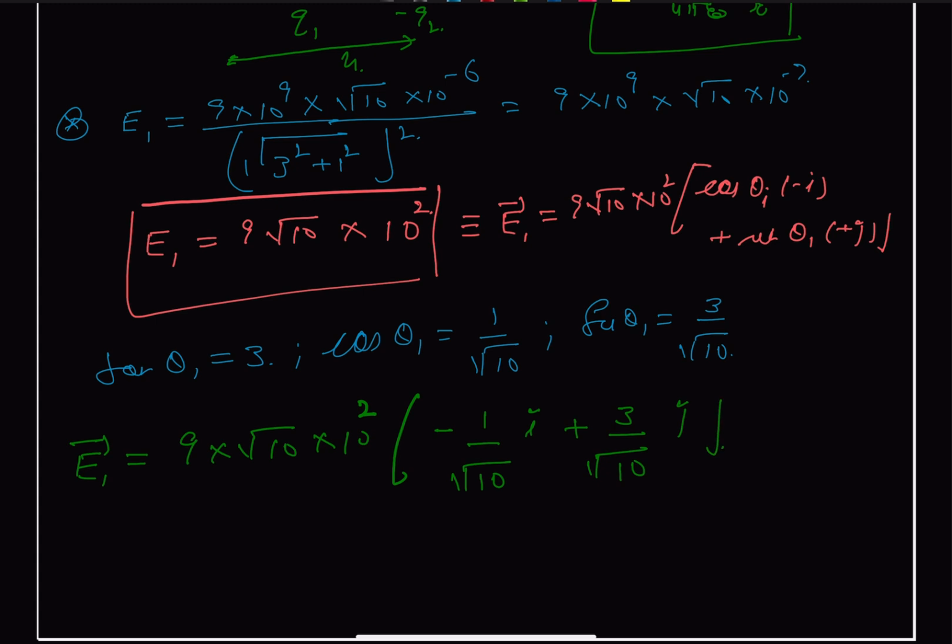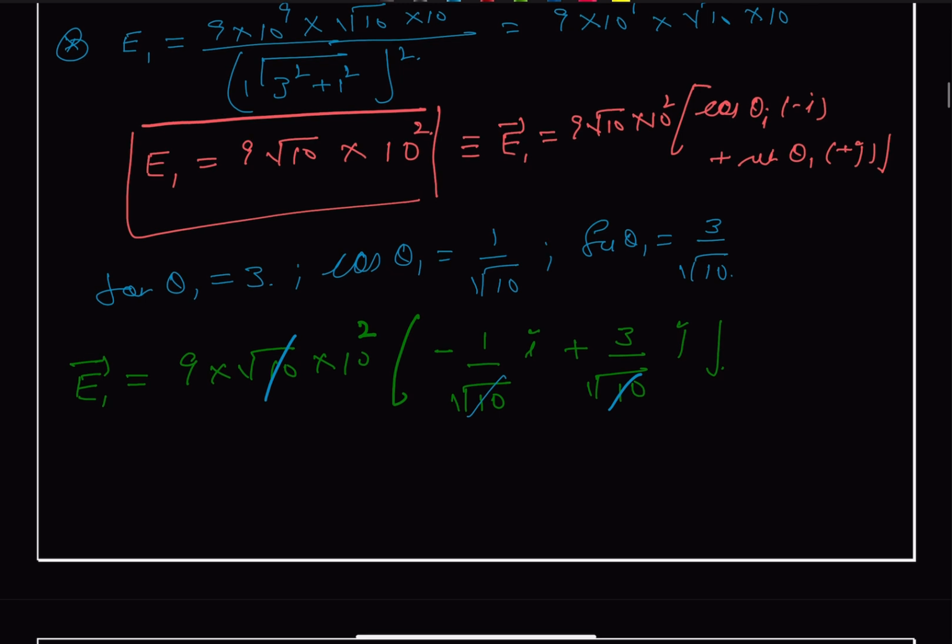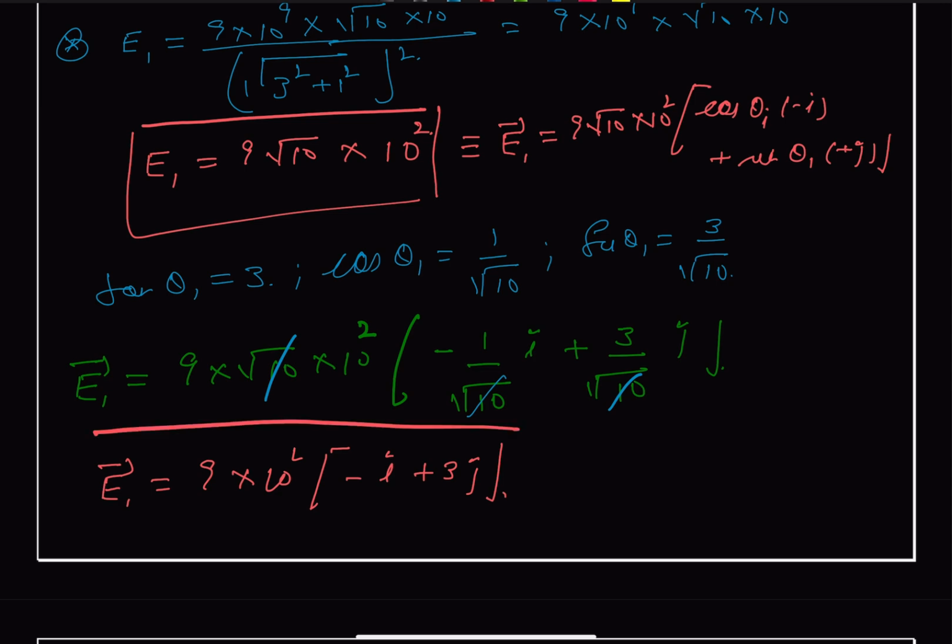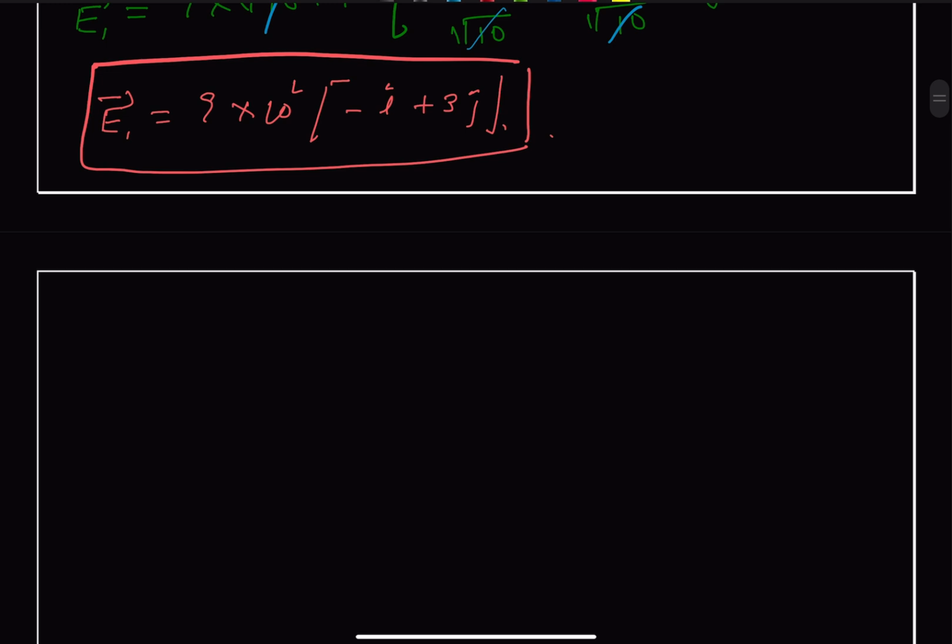Here the square root of 10 terms cancel out. Therefore, we get E1 as 9 into 10 raised to the power 2 times minus i plus 3 j. So this is our first electric field. Similarly, we can find out our E2.